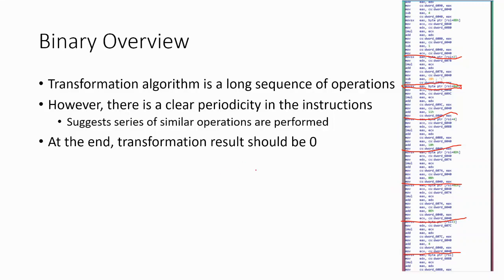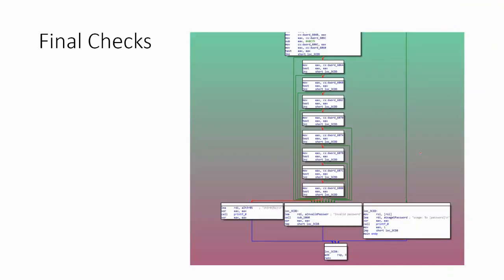I didn't show this here, but at the end, the transformation result should be 0. What I mean by that is, if you'll notice at each of these sections, we'll talk about this a little bit later, in each of the periods you have a dword being affected, and it's being changed at every one of the periods. And at the end, all of them should be 0. So actually, here is a view of the final checks.